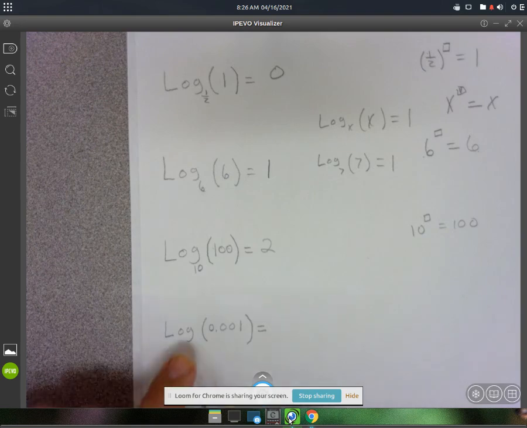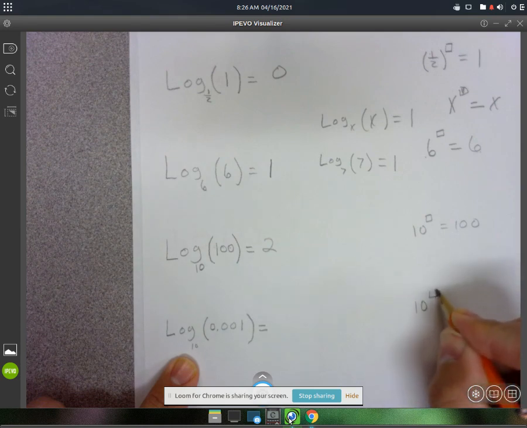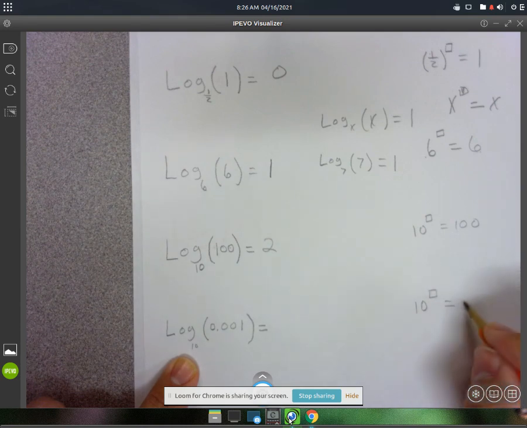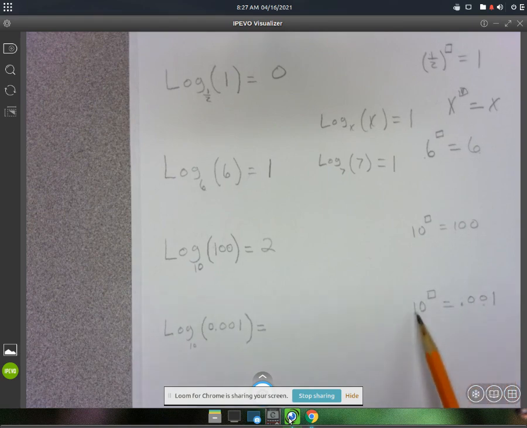All right, same idea here. 10 is my base. What does my exponent have to be in order for my answer to be 0.001? Well, the issue here is that my answer is smaller than my base, so my exponent's going to have to be negative.